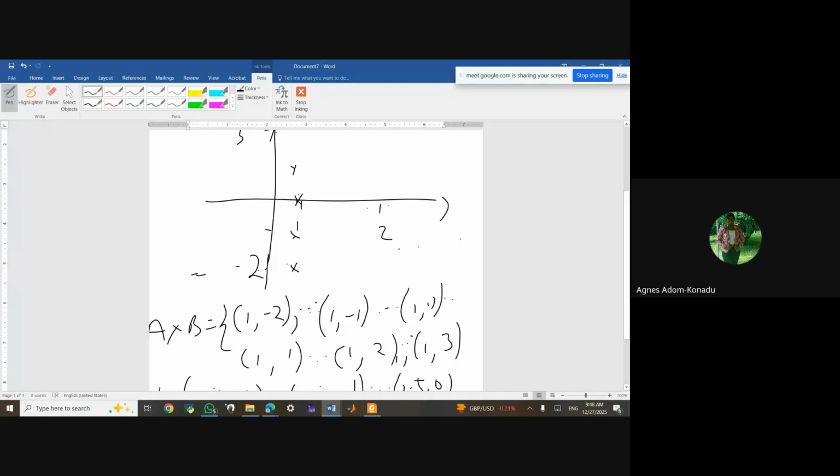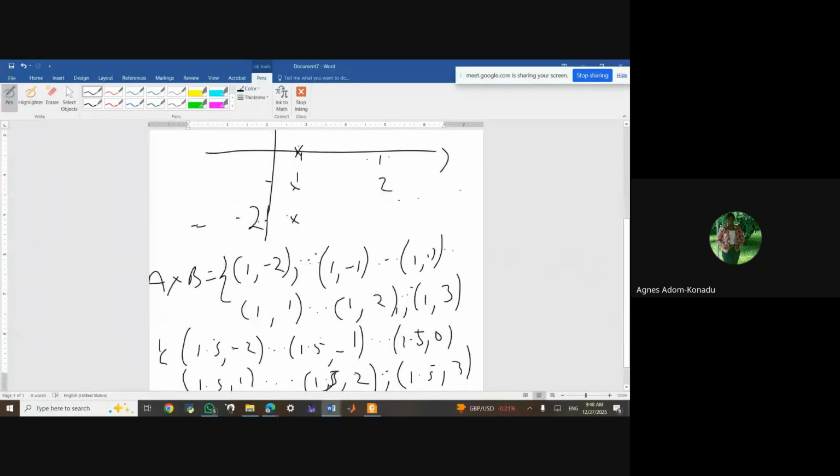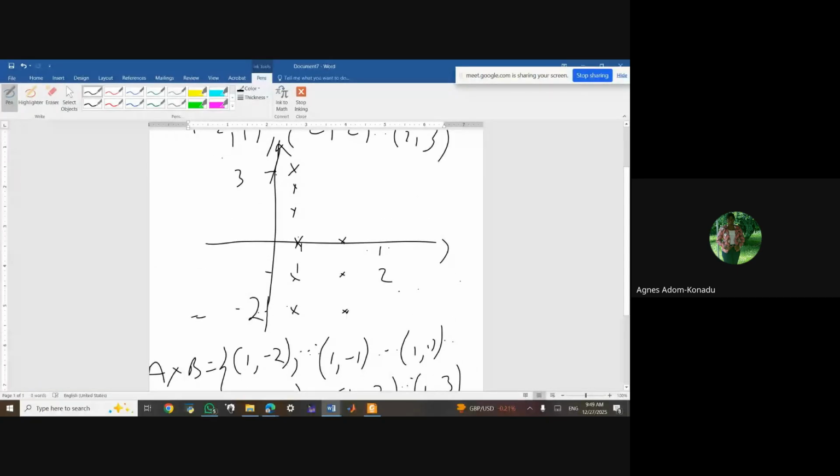Positive 1 and 2 is somewhere here. Positive 1 and 3, it's here. So I'm done with that one. Then I'll go to 1.5, so maybe 1.5 is here. I'll choose 1.5 and 2, 1.5 and negative 1, 1.5 and 0, 1.5 and 1, 2 and 3. It's here.